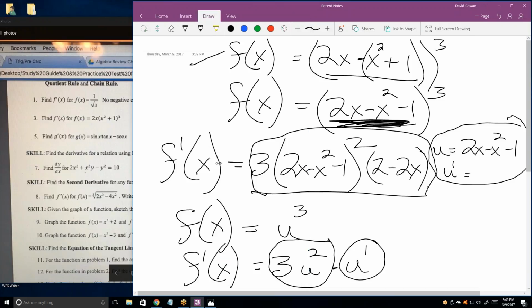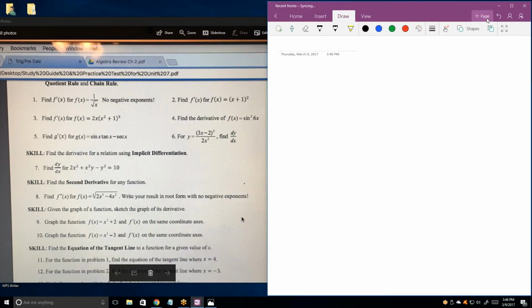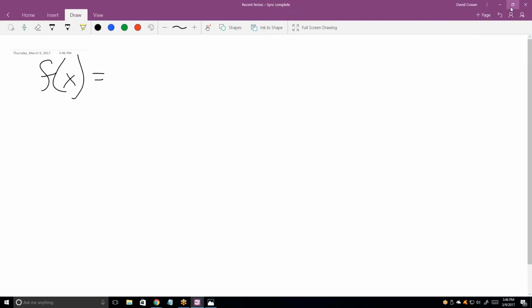Just a second, let me get my screen. Now, let's talk about chain rule again. Most of the time, I would say 99% of the time, it's pretty easy to figure out the inside, right? If I gave you this, what's the inside going to be?